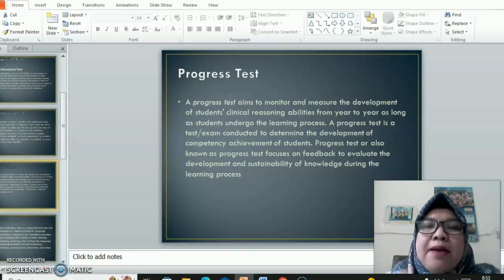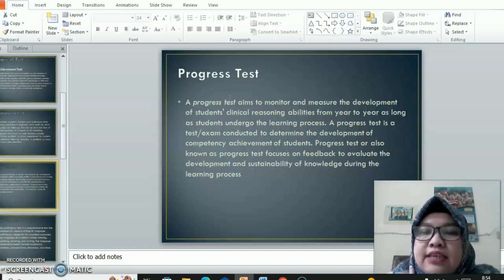And we can emphasize the weakness points to emphasize the learning process for our students, in terms of delivering the learning materials, in terms of selecting appropriate teaching techniques to deliver the materials, especially the materials that can alleviate our students' weaknesses.